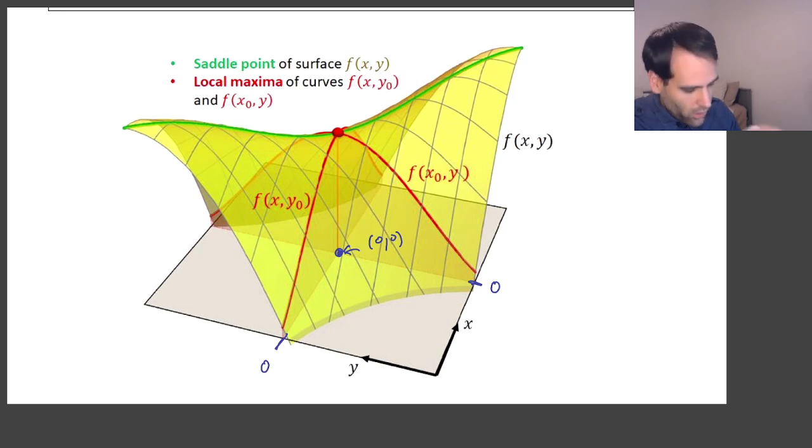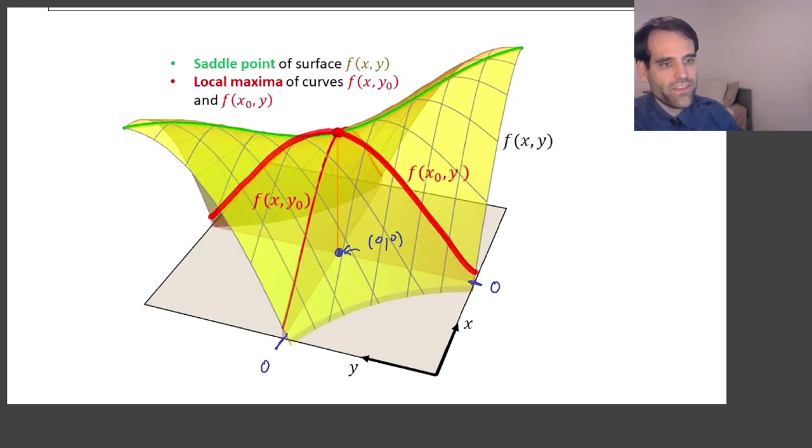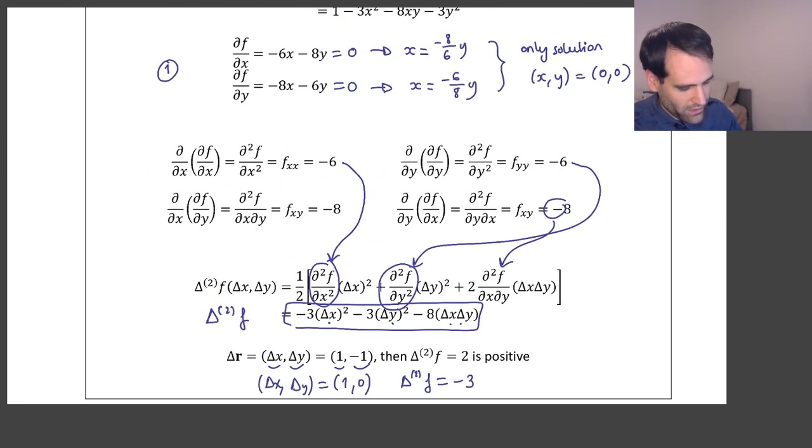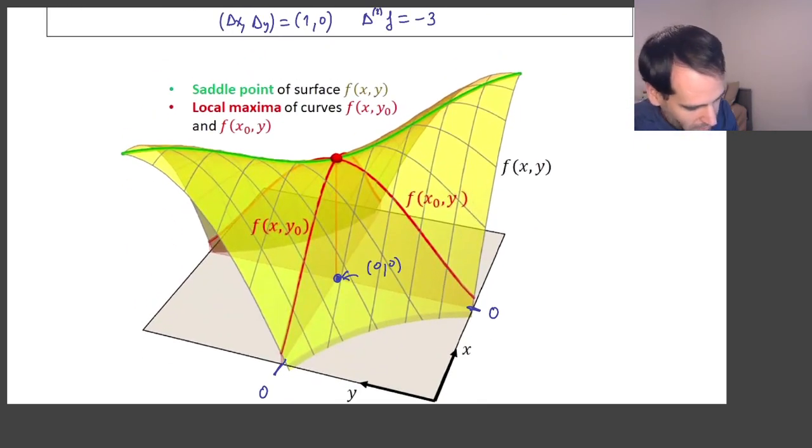On the other hand, if we fix x equals 0 and we only change y, we are moving along this other red line. And this red line is also a local maximum. So that's why the second order partial derivatives with respect to x and with respect to y are both negative.